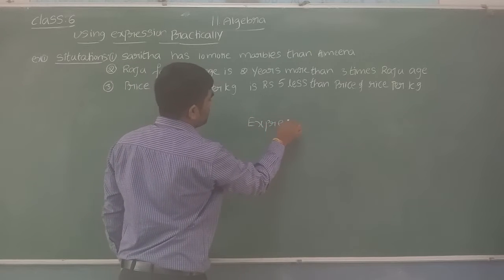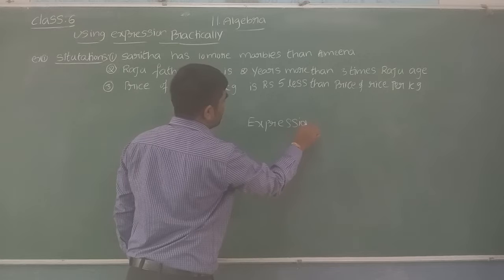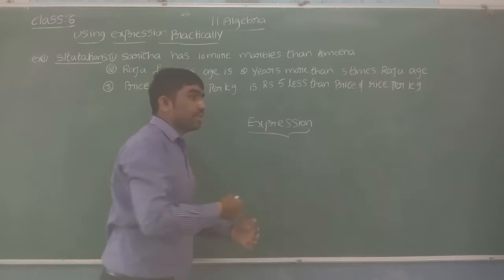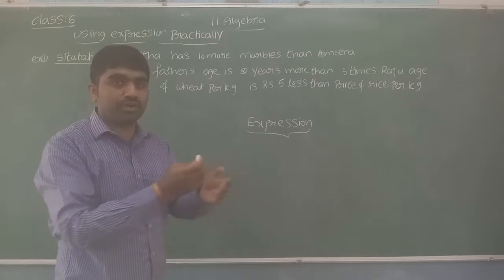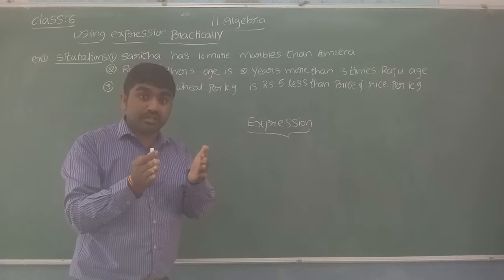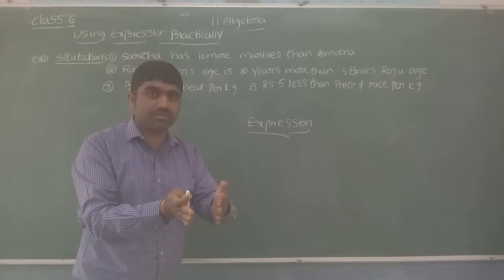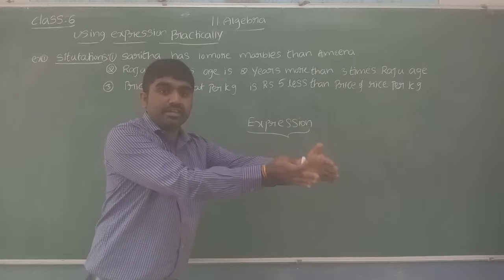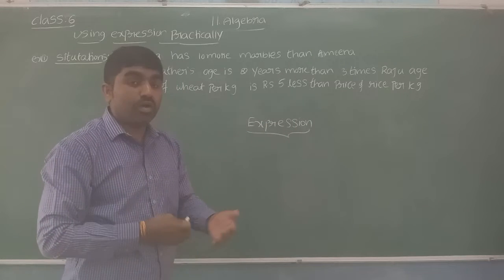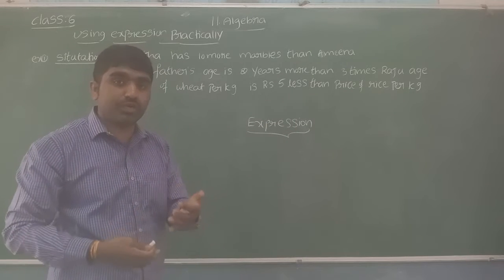What is meant by expression, beta? What did we discuss about this word expression? Sir, expression is nothing but a collection of terms. I mean, it is a collection of constants, alphabets, and four fundamental operations, which are plus, minus, into, division.